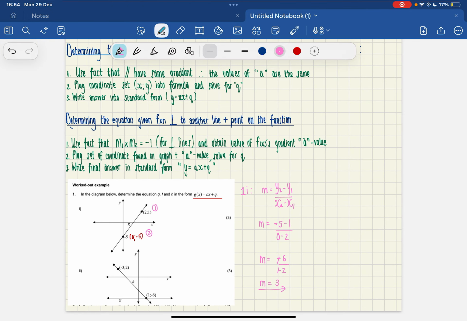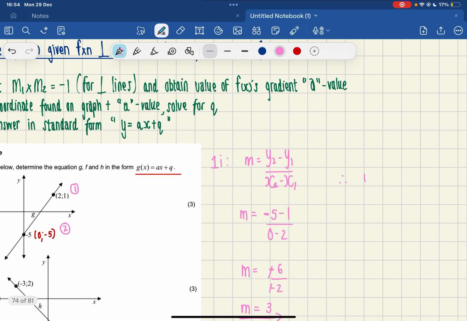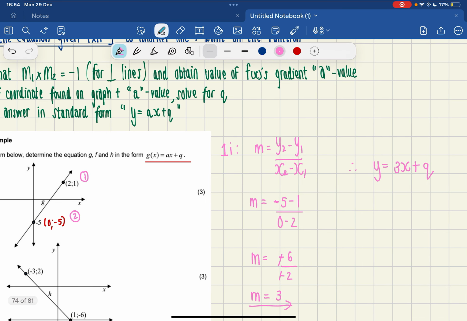And then we'd move on to say, therefore, y is equal to 3x plus q. Now you're going to use a point that lies on this function. We can use the first point, y is equal to 1 and x is equal to 2.